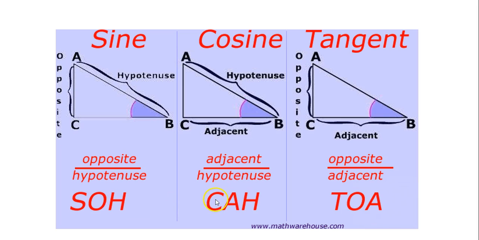The cosine ratio is adjacent over hypotenuse, and the tangent function is the opposite over adjacent. SOHCAHTOA. Probably heard it before, and now you know what it means in context and what those things are exactly referring to. It's the ratios of the sine, cosine, and tangent functions as it pertains to right triangles.